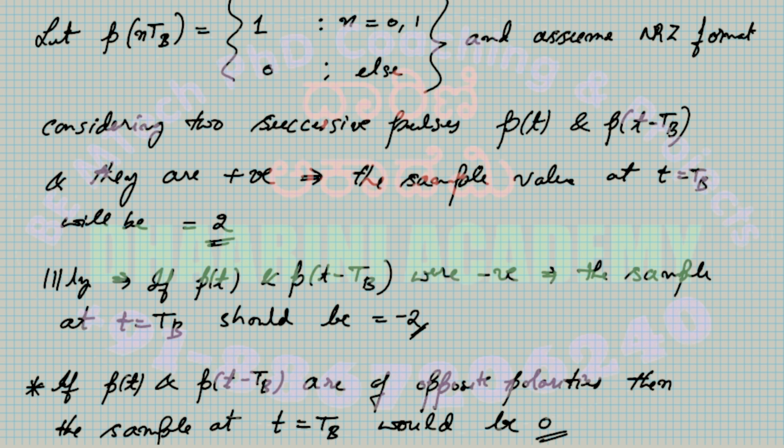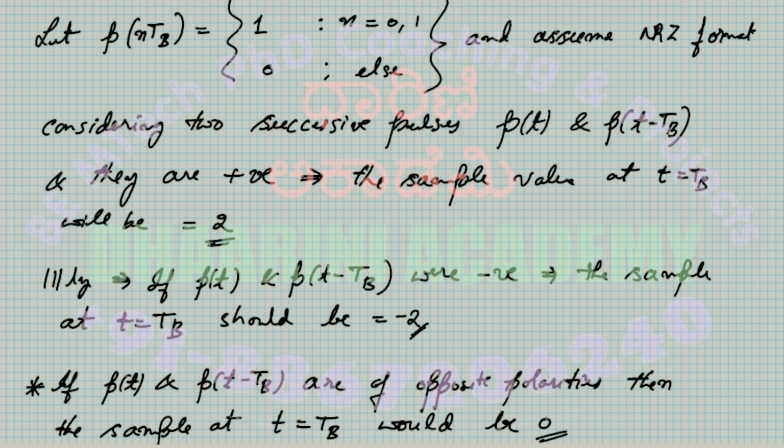At the same time, if they are negative, like you are trying to send two zeros, their coding will be -1, -1. That means the sum at the point of sampling will be -2.